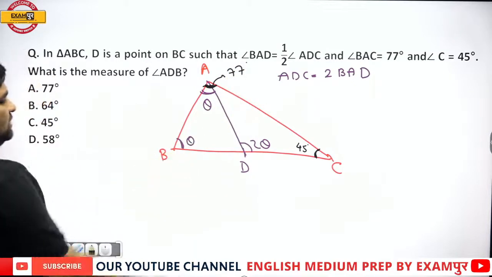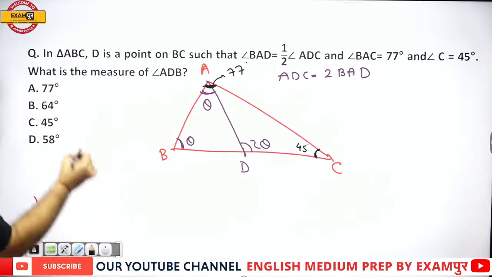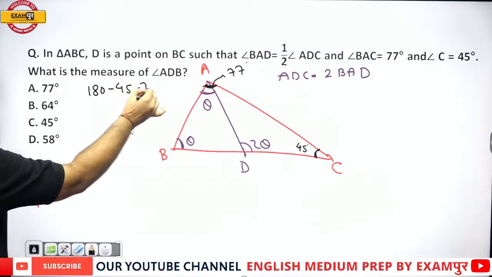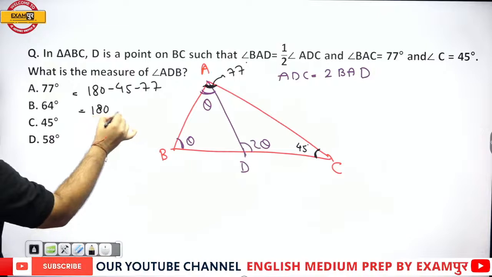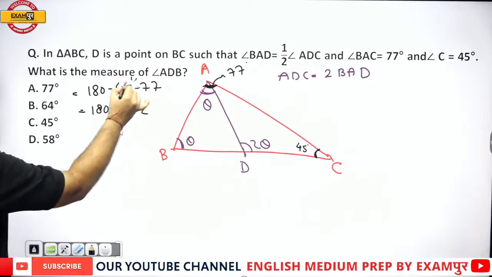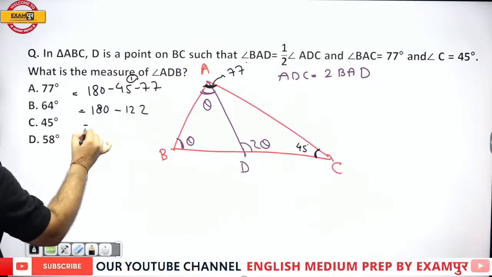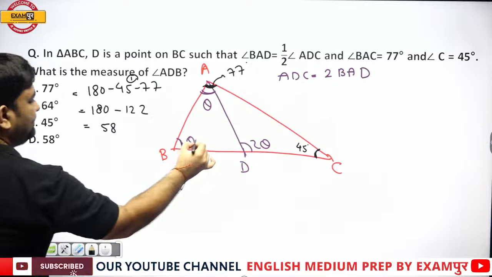So this can also be found out. 180 minus 45 minus 77 is 58, which is your angle B.